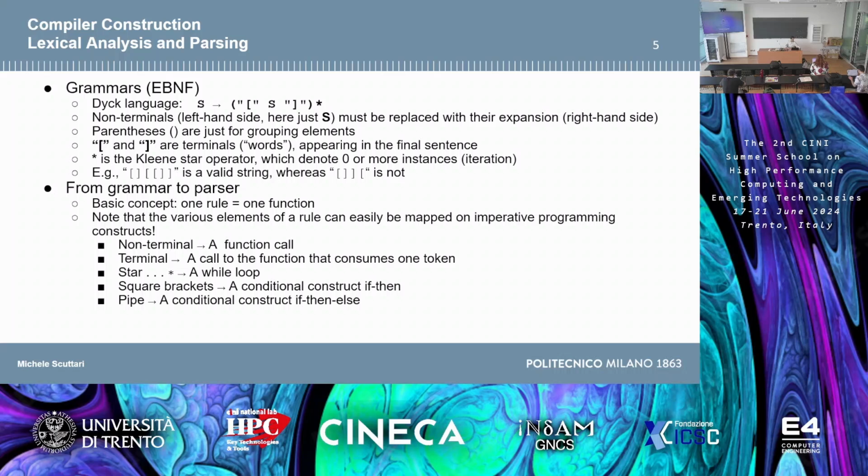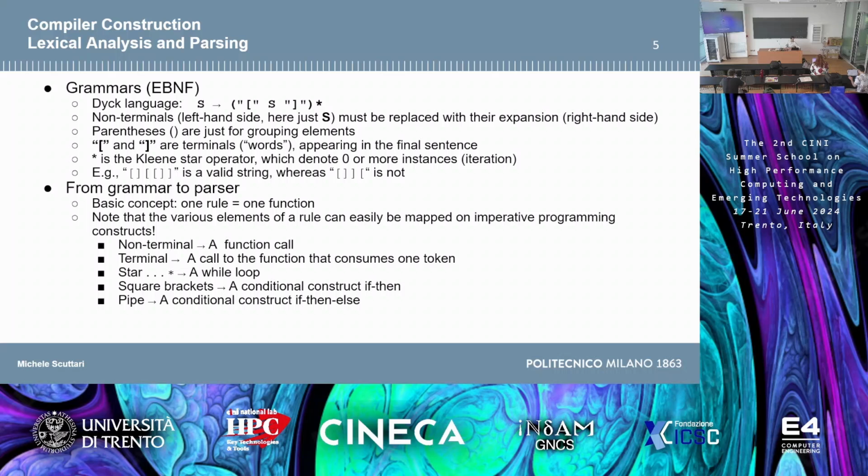Well, what we employ is, as I said, a top-down predictive parsing that is simply derived from the grammar itself, as long as some rules on the grammar are respected. In particular, if you look at this S that goes into parentheses and S and so on, this is a recursive rule, so we will need a function call that can be recursive.